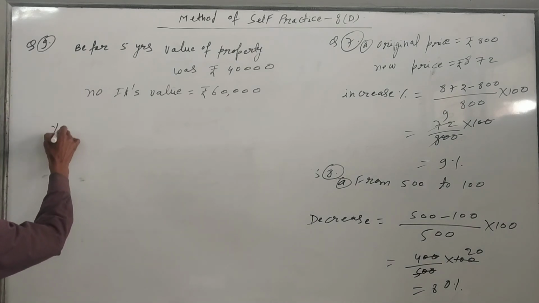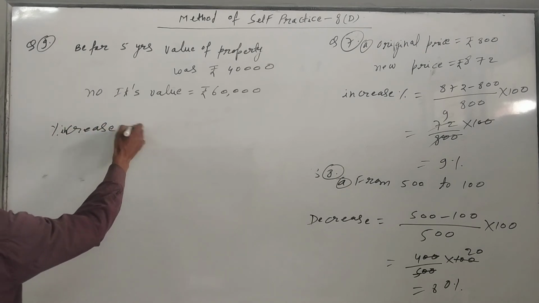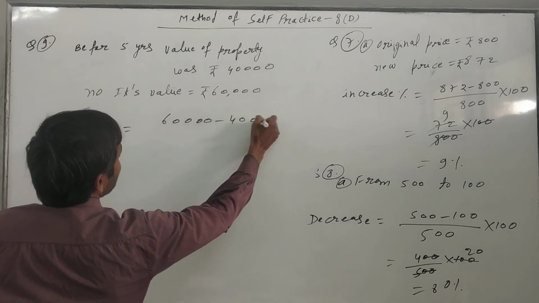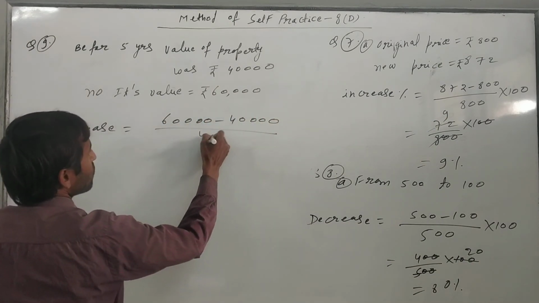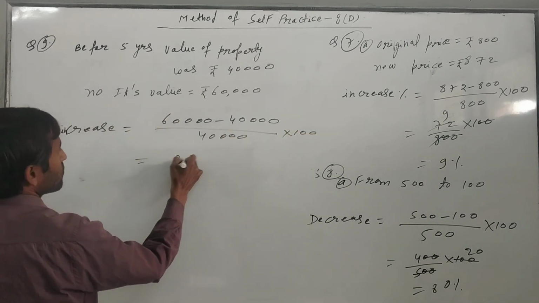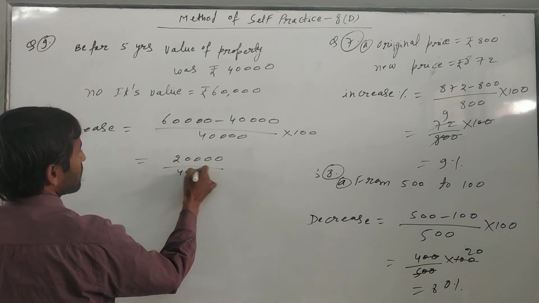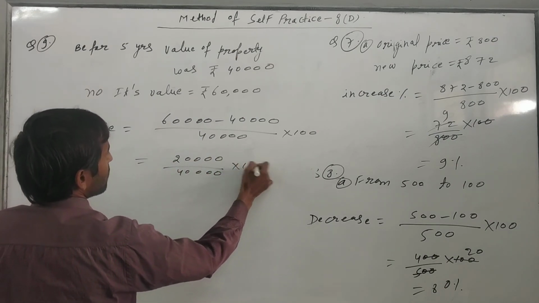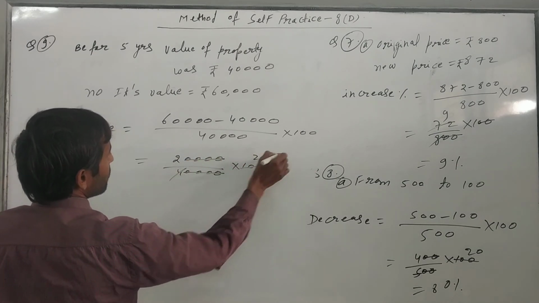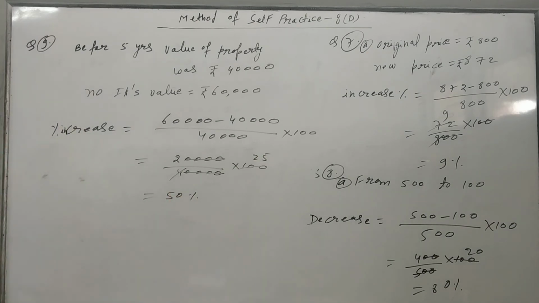So percentage increase is equal to 60,000 minus 40,000 upon 40,000 into 100. So it will come 20,000 upon 40,000 into 100. The 40s will cancel out, then it will come 25 into 2, 50%. So it has increased 50%.